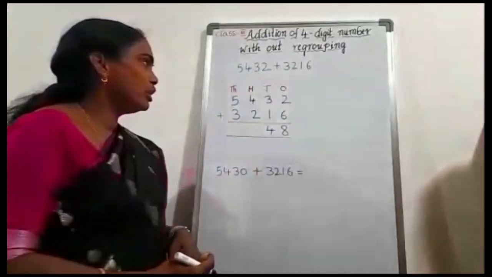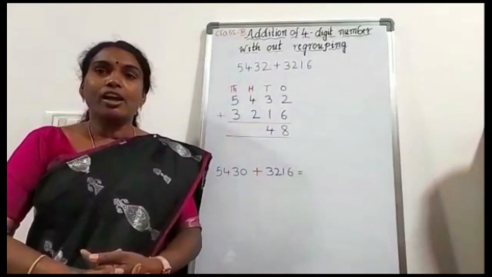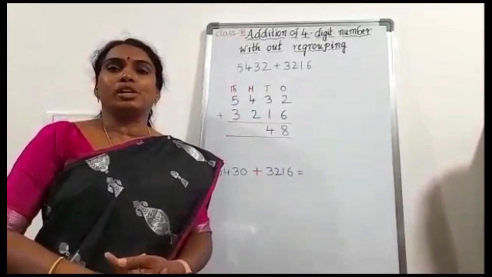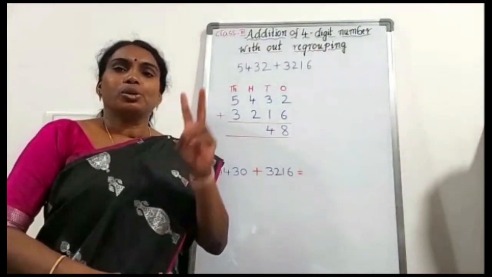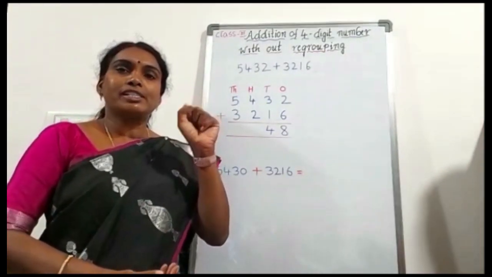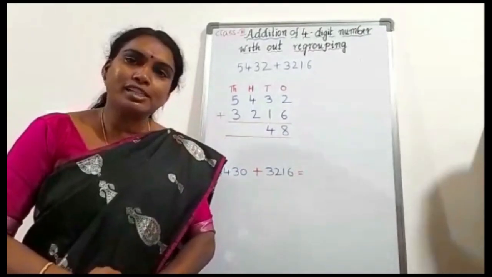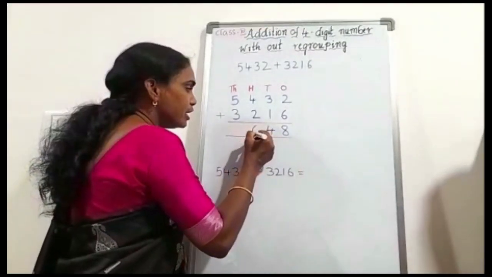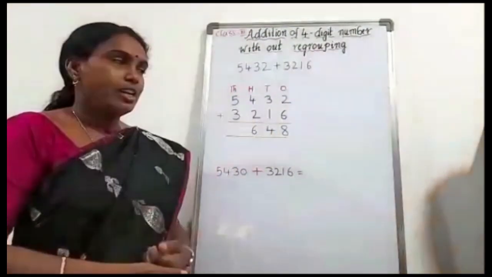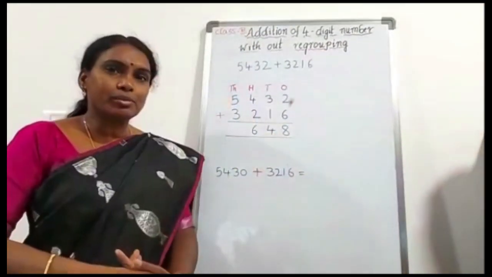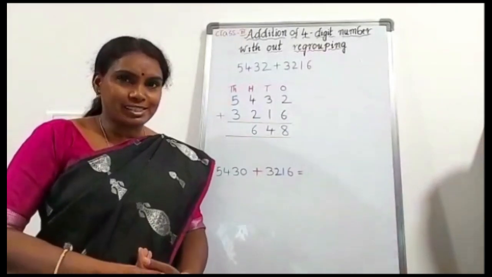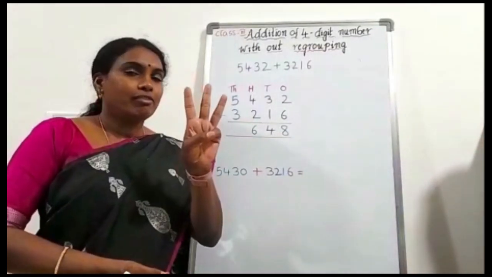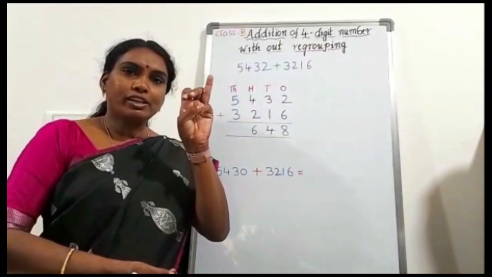Okay children? Then go to the hundreds column. In the hundreds column there are 4 hundreds plus 200. 4 plus 2. 4 after 5, 6. So 400 plus 200 is 600. The 6 we write under the hundreds column. Okay children. Then go to the thousands column. In the thousands column there are 5000 plus 3000. 5 after 6, 7, 8.